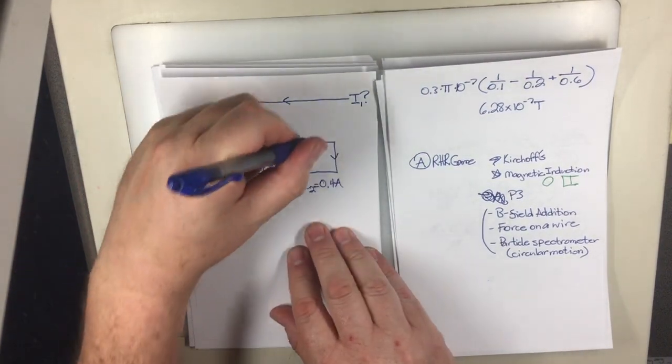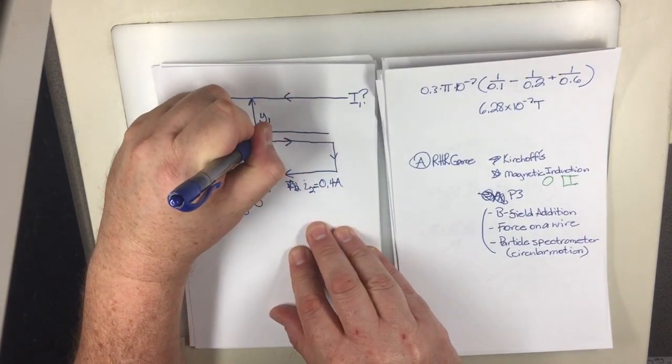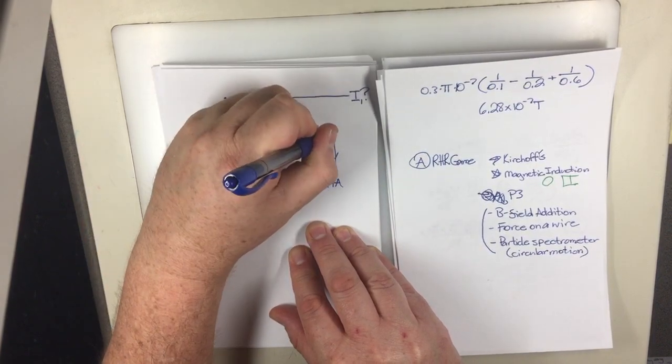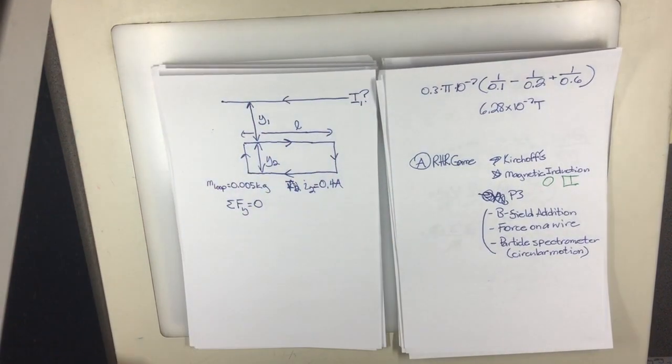Oh, and I didn't give that distance L. So what we're going to do is the problem in alphabet soup mode, and then we'll figure out some letters and that will make it work out right and realistically.